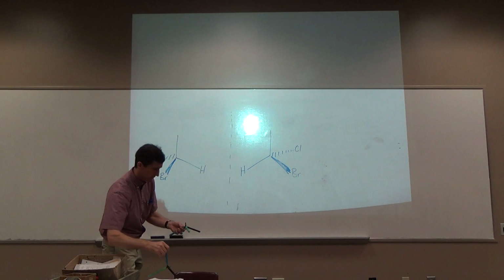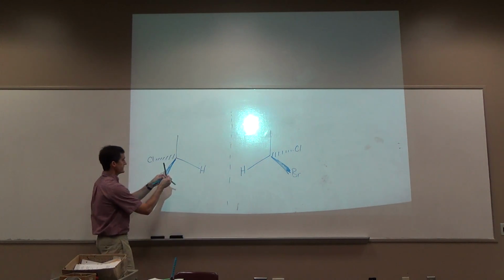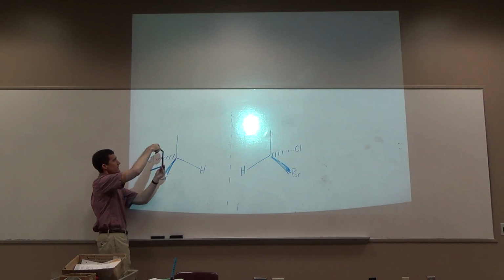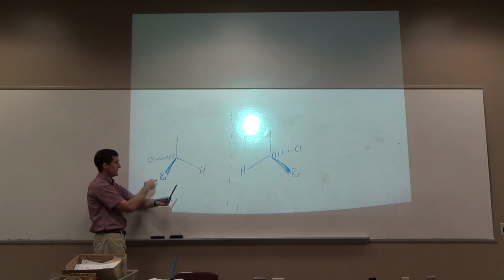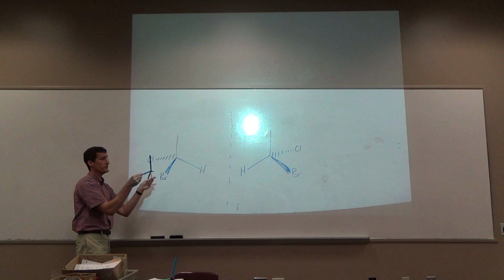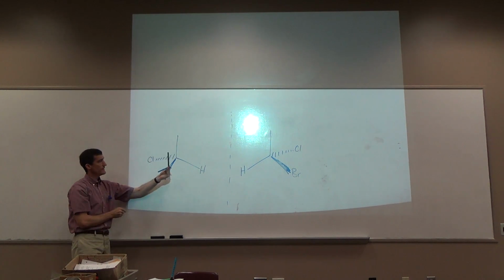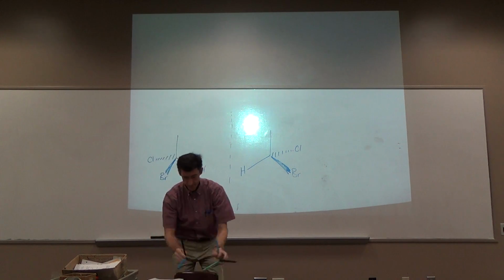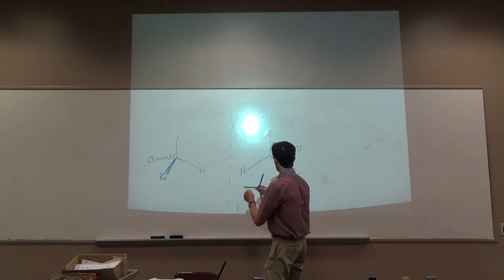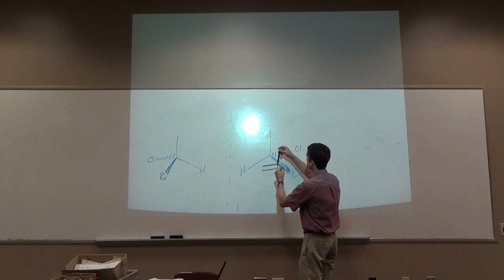Do we have these two? Let's see here. Black alkyl straight up. H small here. Bromine blue coming towards you. Chlorine green going back. So that's supposed to be that on the board. Okay? Now, this is supposed to be this one.